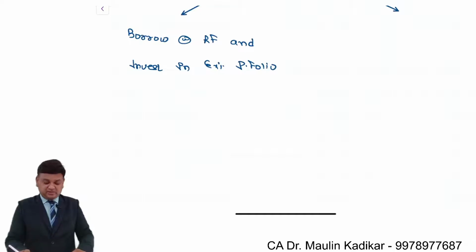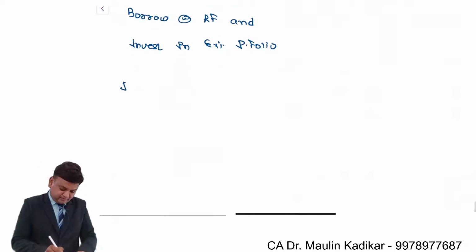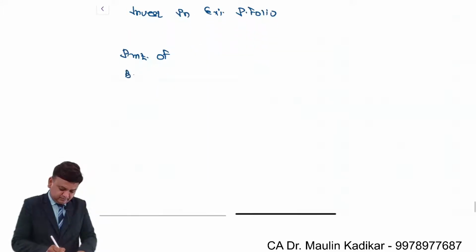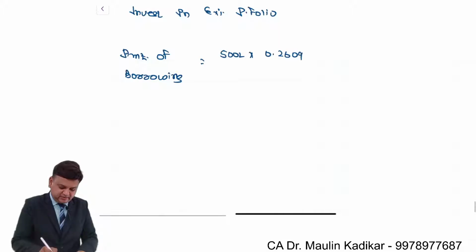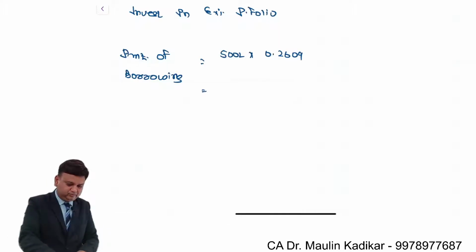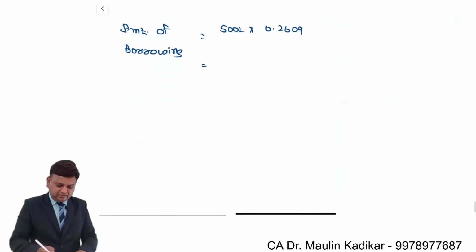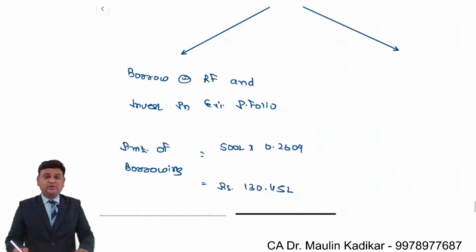This is what he is required to do. Amount of borrowing is 500 lakhs into 0.2609. That comes to rupees 130.45 lakhs.